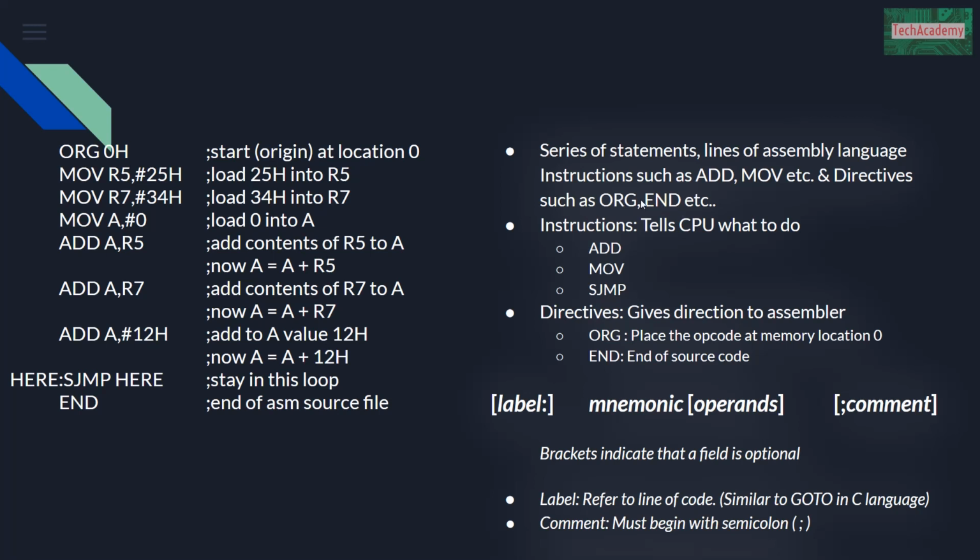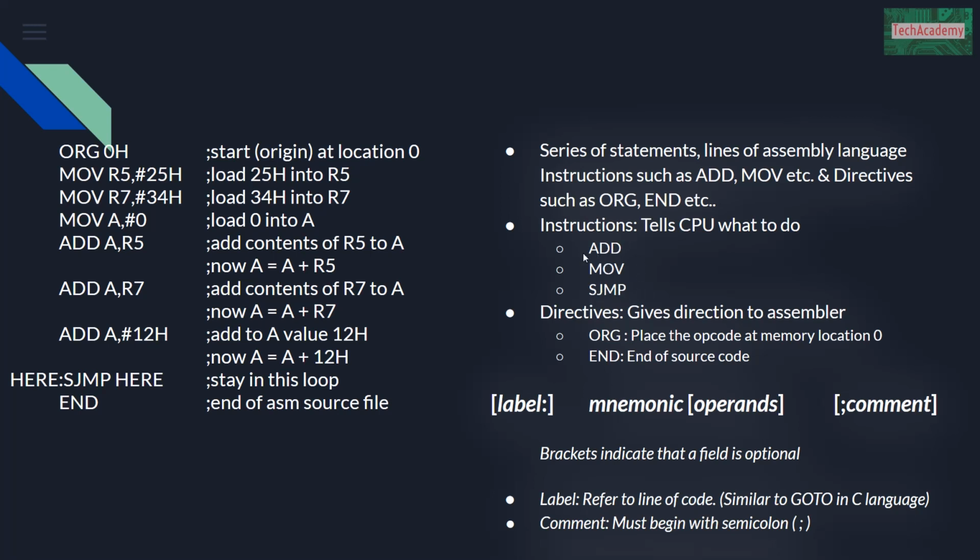Directives are nothing but the instructions which we give to the assembler. Instructions are basically what tell the CPU what to do, for example add, move, sjump.